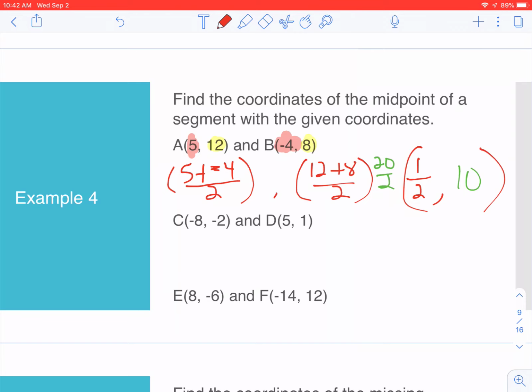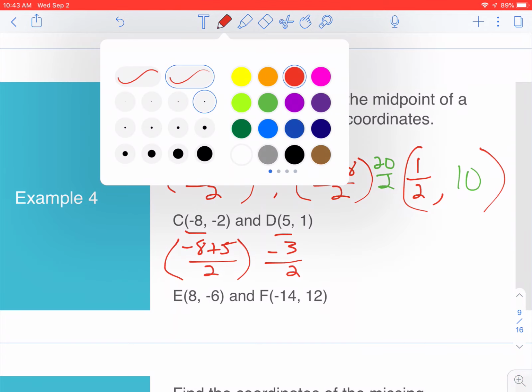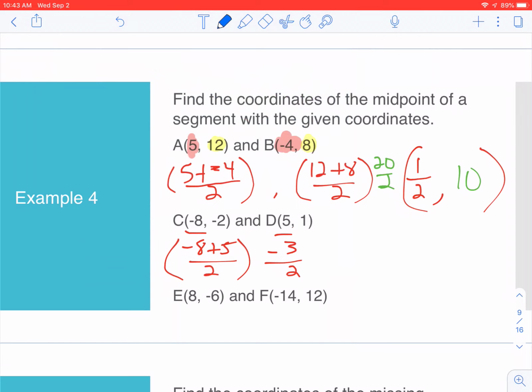Okay, let's try another one. I have negative 8 and 5. I'm going to add those two together: negative 8 plus 5 divided by 2. Let's solve that first. Negative 8 plus 5 is negative 3 over 2. Now we're going to take negative 2 and 1.